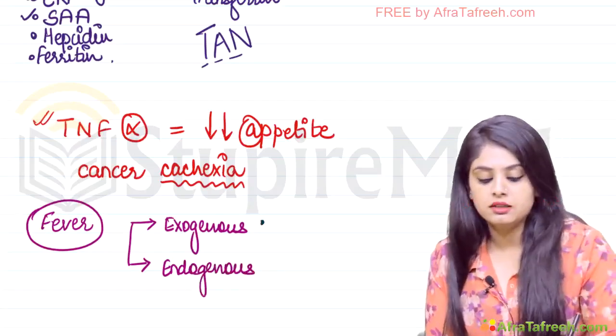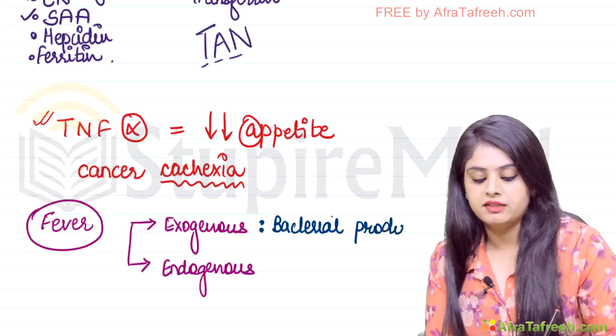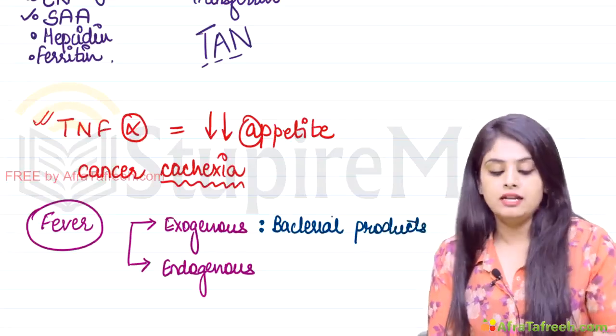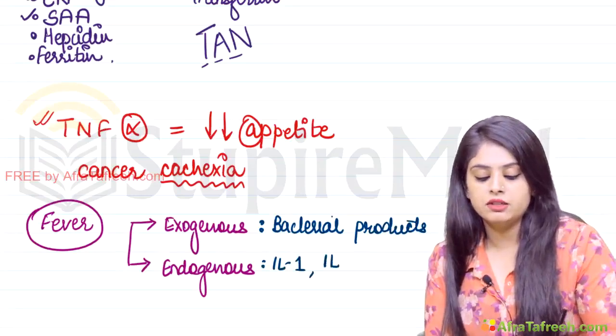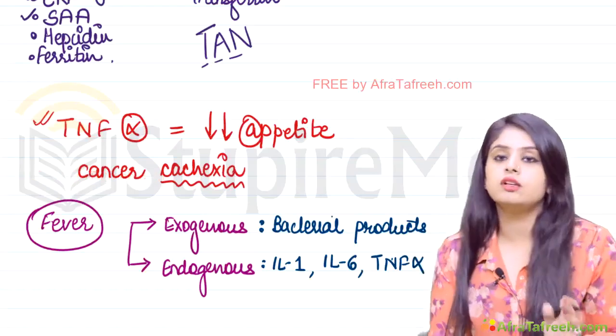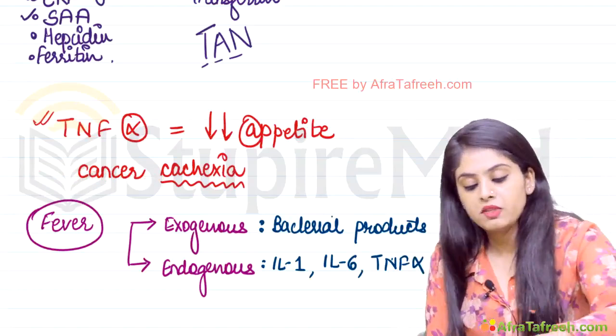Exogenous meaning the bacterial products themselves, and endogenous will include interleukin 1, interleukin 6, TNF alpha. There is a long list, but these are the most important ones that you need to remember.